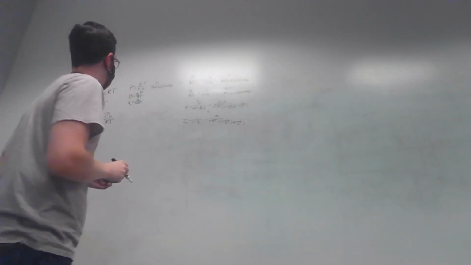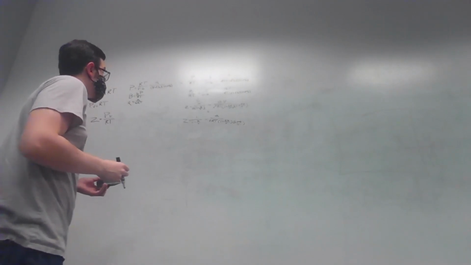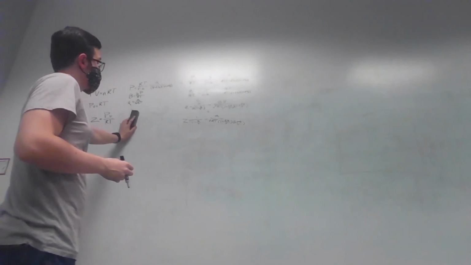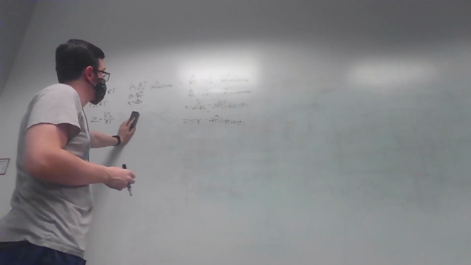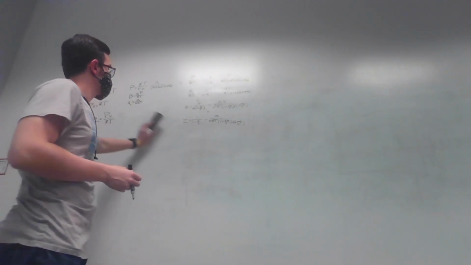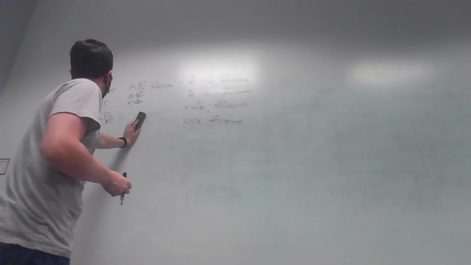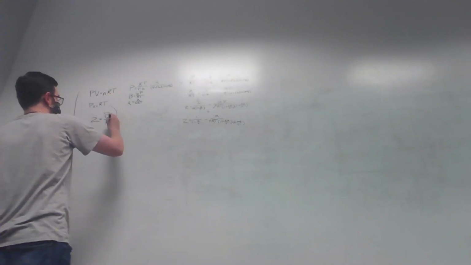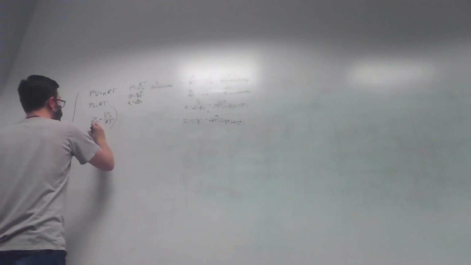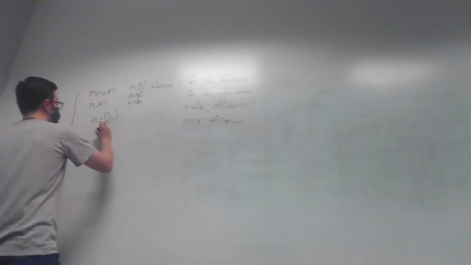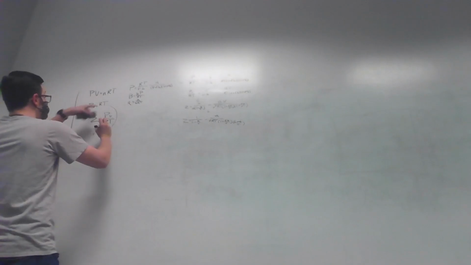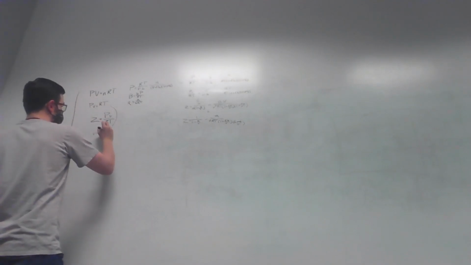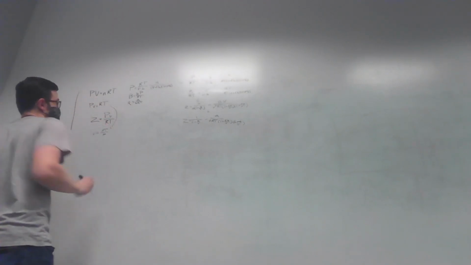Now what? If we look at this, this is very close. Something else is very close here. V equals R over T divided by pressure.